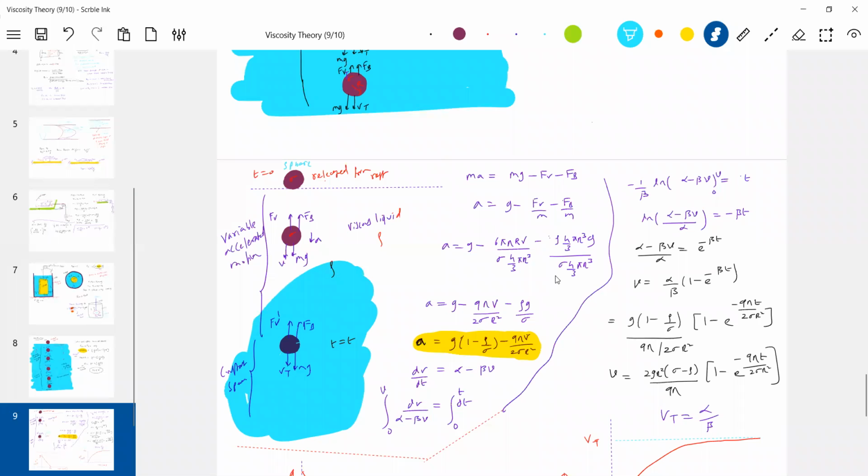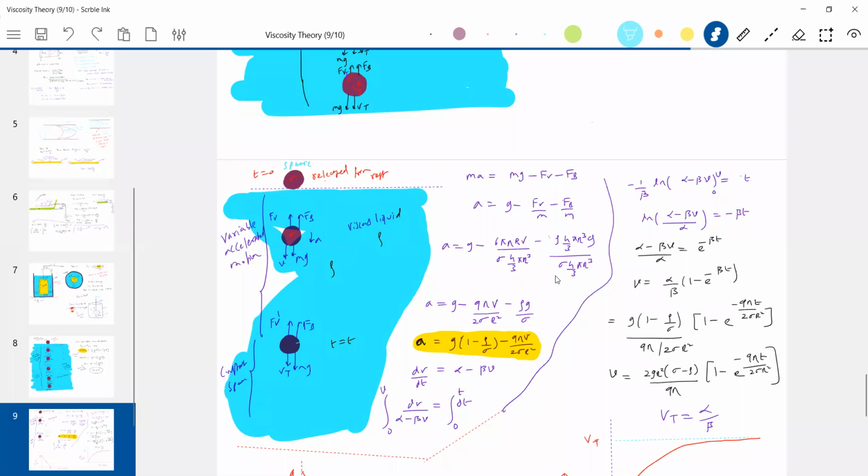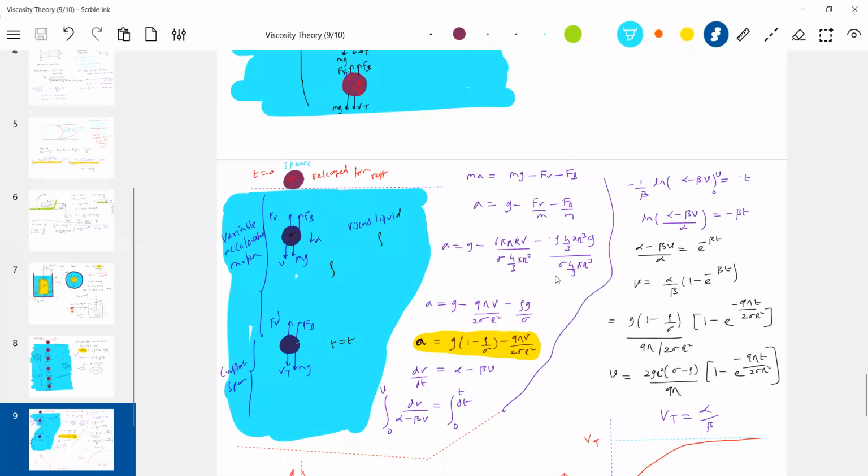There is no boundary. Sir, what is the vessel you are using? It's a vessel of infinite shape, infinite boundary. Only then is Stokes law applicable. That's why it is applicable so strictly.